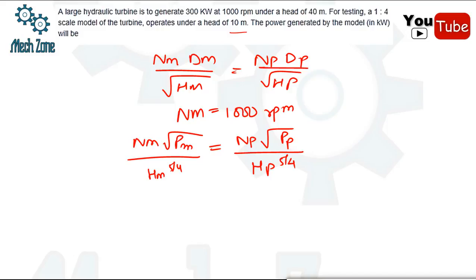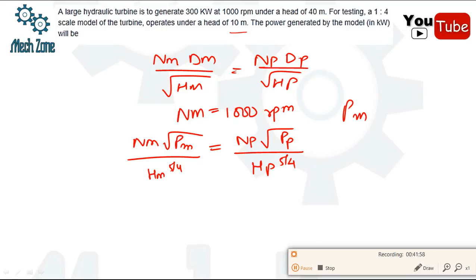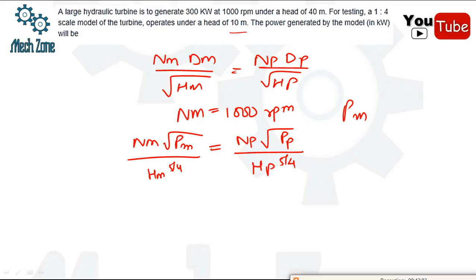Now we need to calculate the power of the model, and here we have a correction, which is the value of N for the model. I have solved this wrong, because the ratio has been given as 1:4.